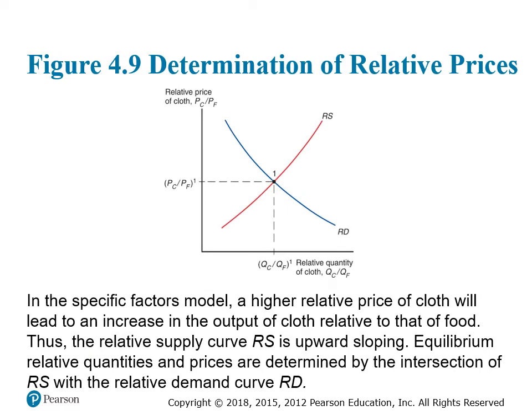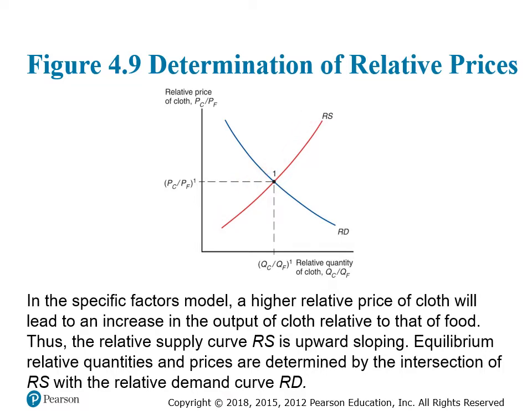So in the last slide we said that as the price of cloth increases, so does the output. More people will work in the cloth industry, and as a result, the output will also increase. In this slide, you see the same concept as relative supply. Here you can see the price of cloth on the y-axis and the quantity of cloth on the x-axis. This relative supply curve shows that as the price of cloth increases, so does the quantity of cloth.